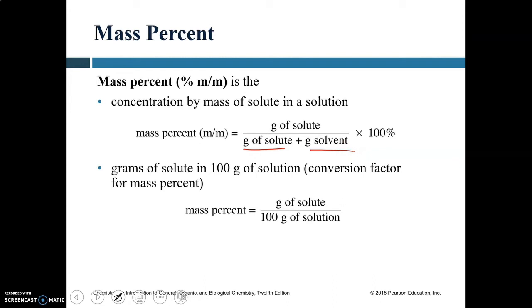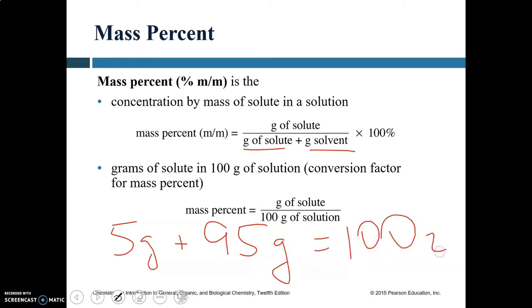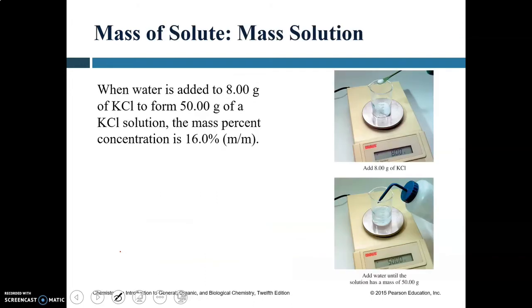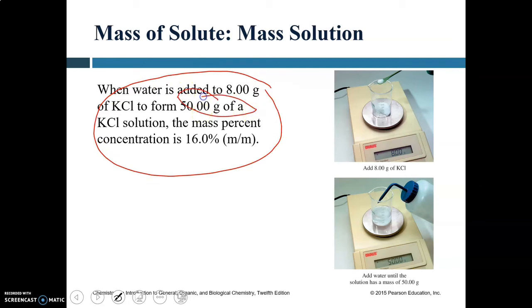For instance, if you take 5 grams of potassium iodide and dissolve it in 95 grams of water, the total mass is 100 grams, and the concentration of potassium iodide in that solution will be 5 over 100 multiplied by 100%, which is 5%. Here, the mass percent concentration of this solution, 8 grams over 50 grams of the solution, is 16%.